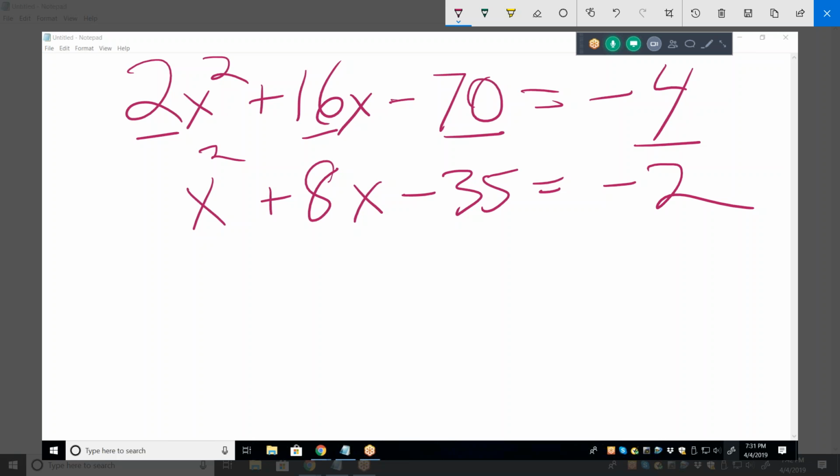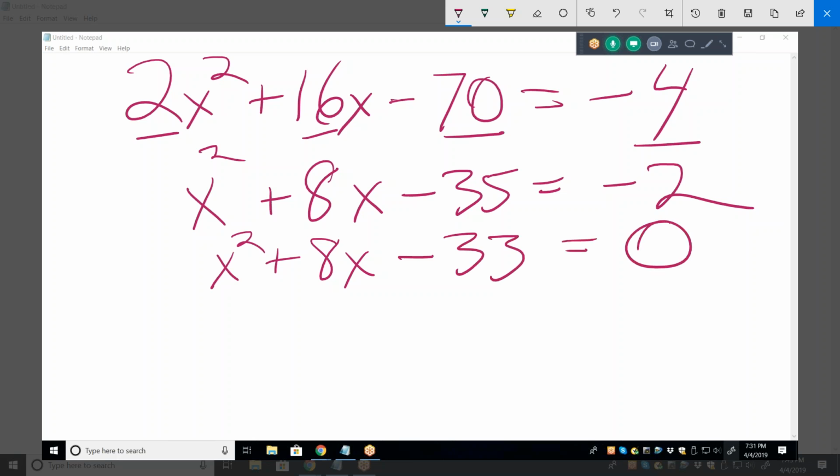So what does that give me? Minus 33. Negative 33. Okay, now I have a natural looking quadratic. Got everything on one side, 0 on the other. That's the most natural quadratic you're going to see.